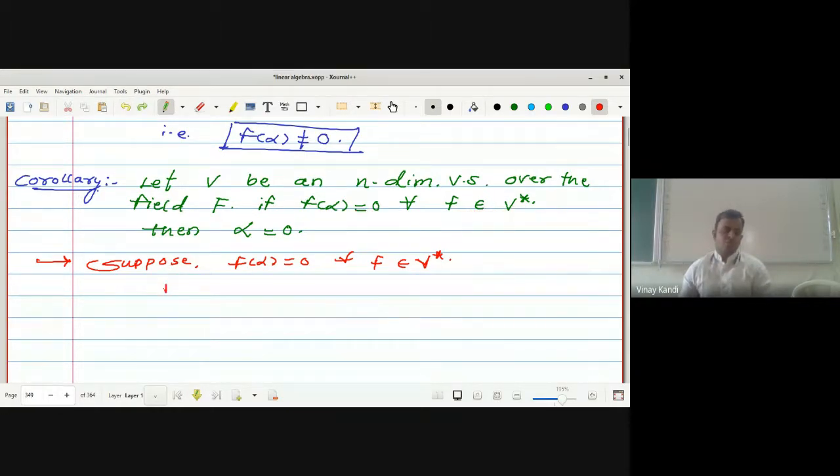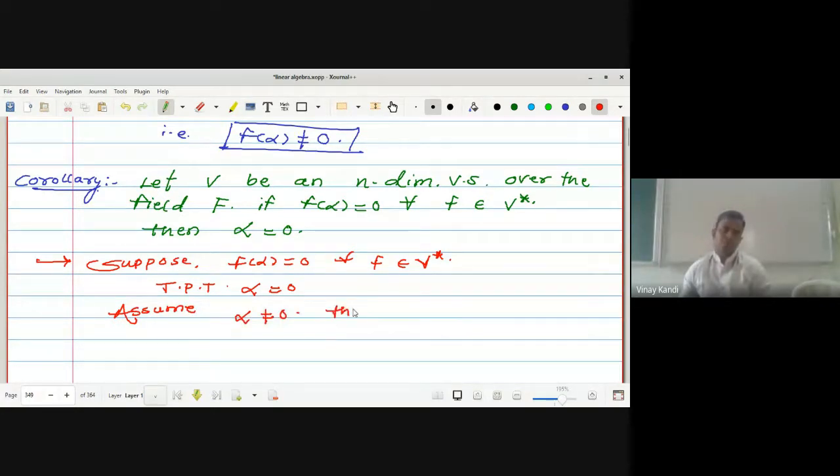And we have to prove that alpha is equal to 0. Now suppose the contradiction statement: assume alpha is not equal to 0.